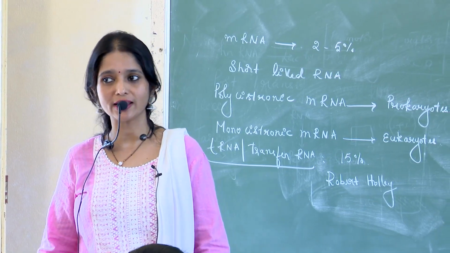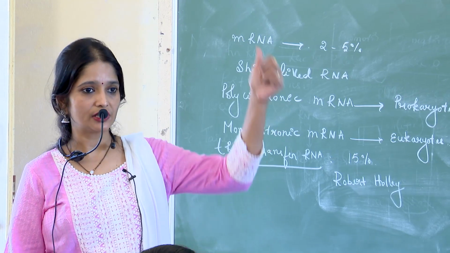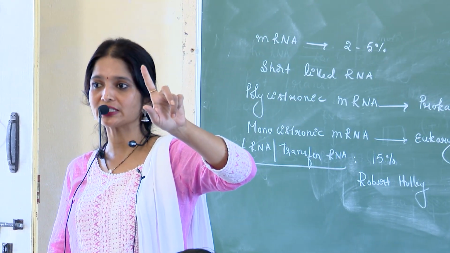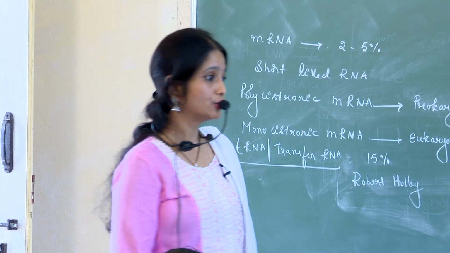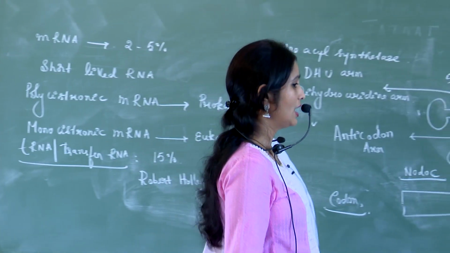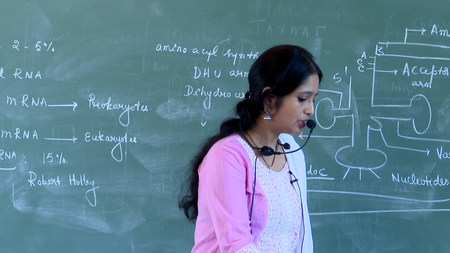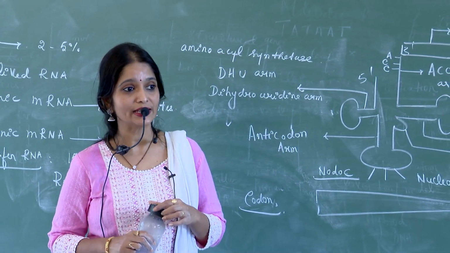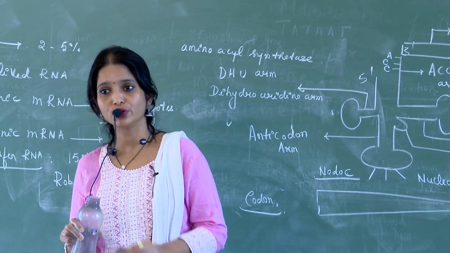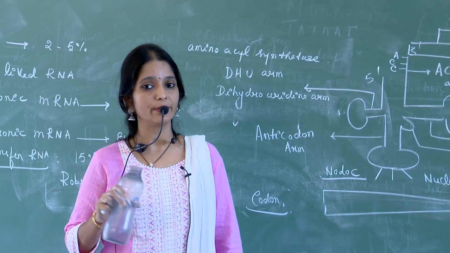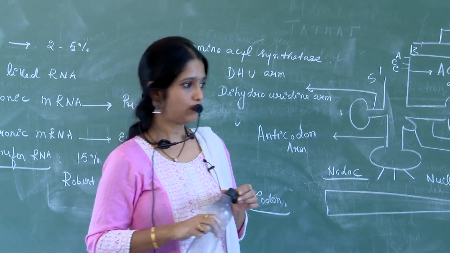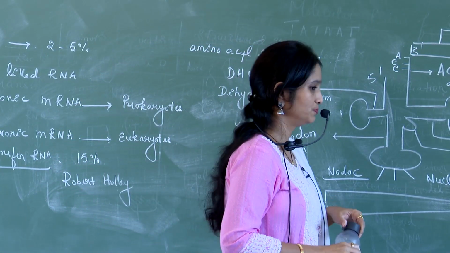Different arms of tRNA, students? First arm, acceptor arm. What's the function of the acceptor arm? Binds to amino acid. The second arm is known as T-psi-C arm or pseudouridine arm. It binds to ribosome.